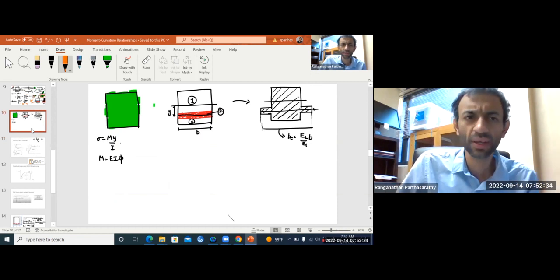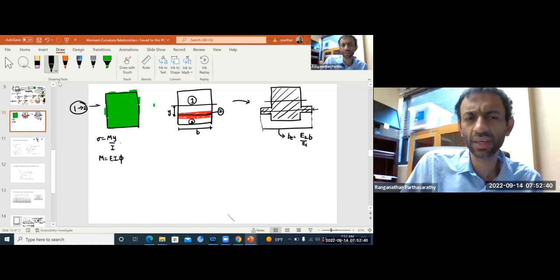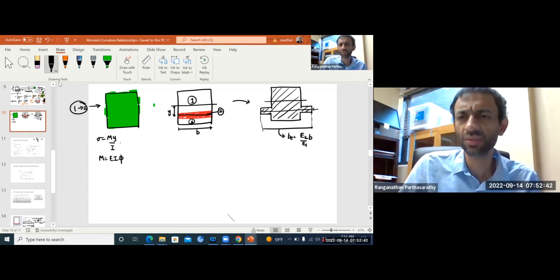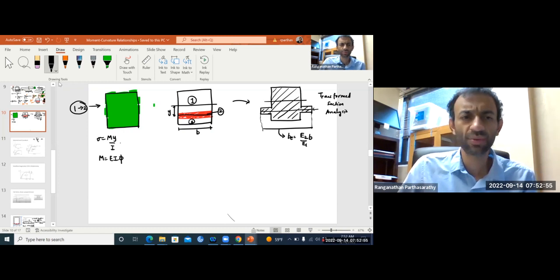Between 1 to 2, you're dealing with an uncracked section, so you can use this transformed section analysis. Between 2 to 3, your concrete in tension has cracked.